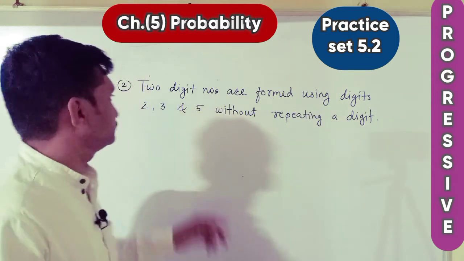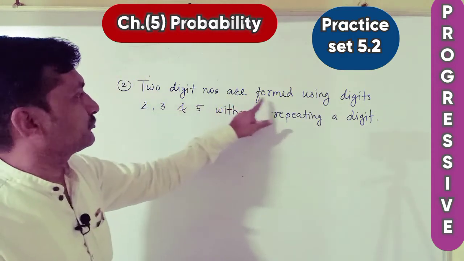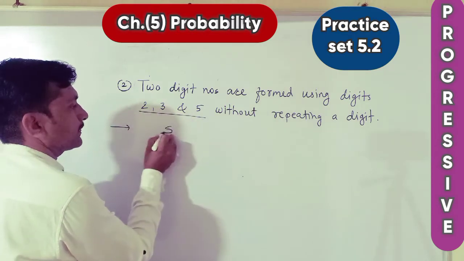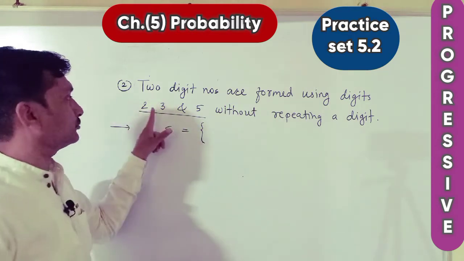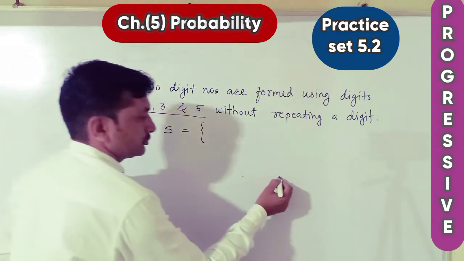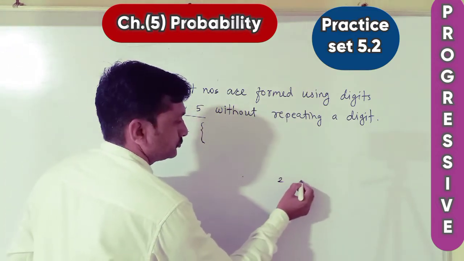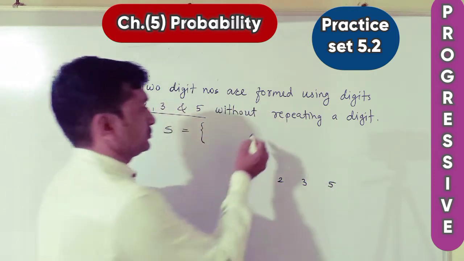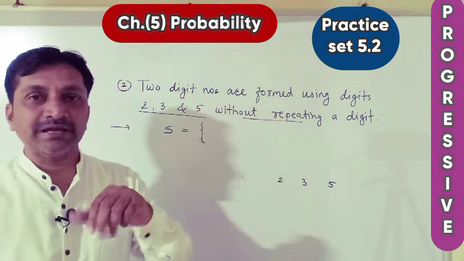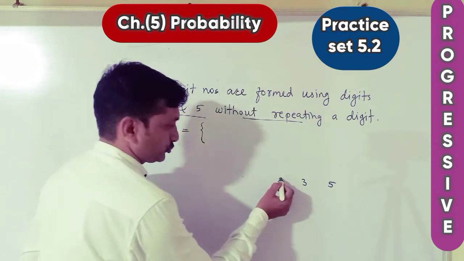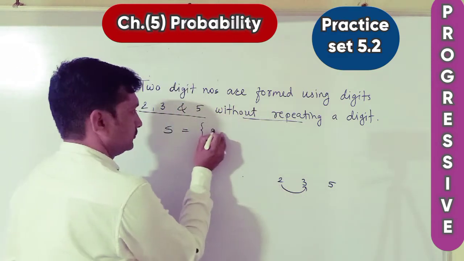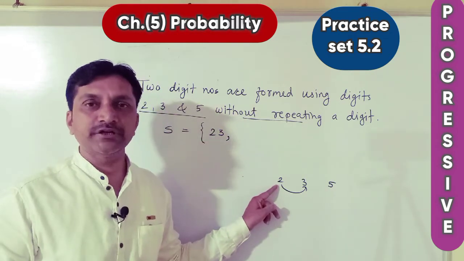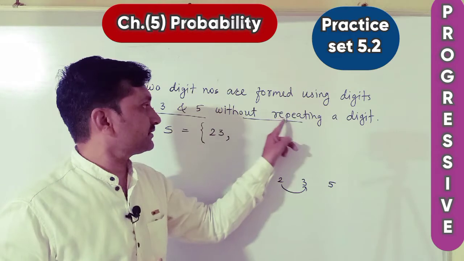Example number 2. 2-digit numbers are formed using digits 2, 3 and 5. Now here we have to form 2-digit numbers using 2, 3, 5. Without repetition means one digit we cannot take two times. First start from 2: 23, 25. 22 we cannot write; it is also two digit, but here it is said without repetition.